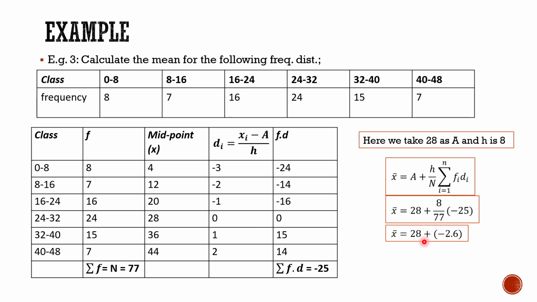Finally we get x bar as 28 plus minus 2.6, and so x bar is equal to 25.4. So the mean for this frequency distribution is 25.4. As we have taken the deviations, the calculations become very easy, and it's not a tedious task anymore.